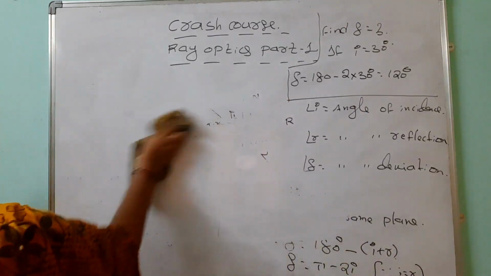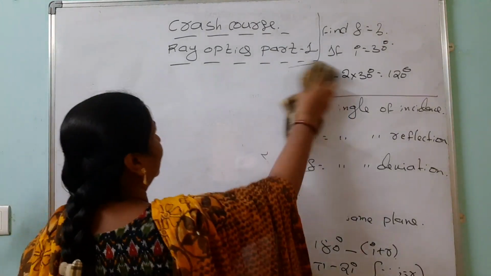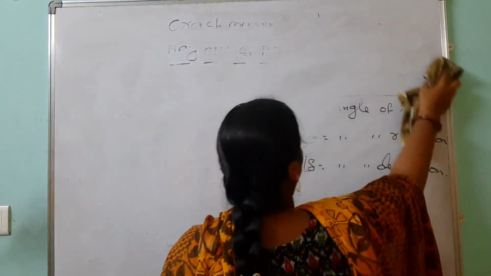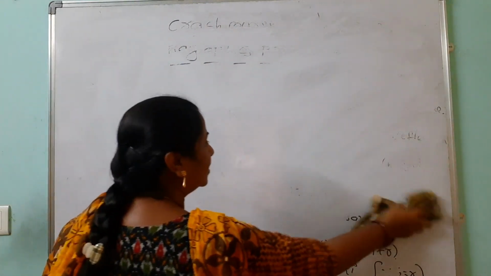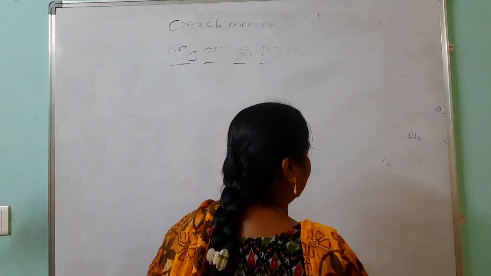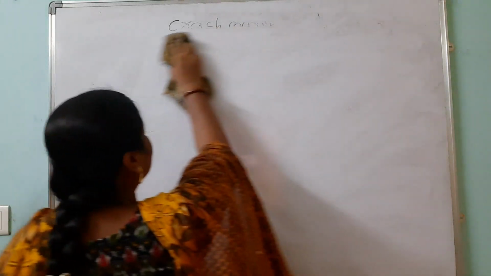In the first case, what happens here? When the light falls on the polished surface, before the reflection, all incident rays are parallel to each other. And after reflection, what happens?